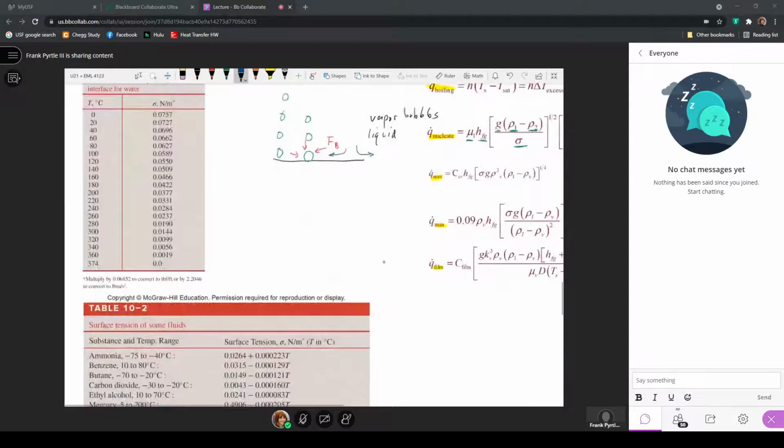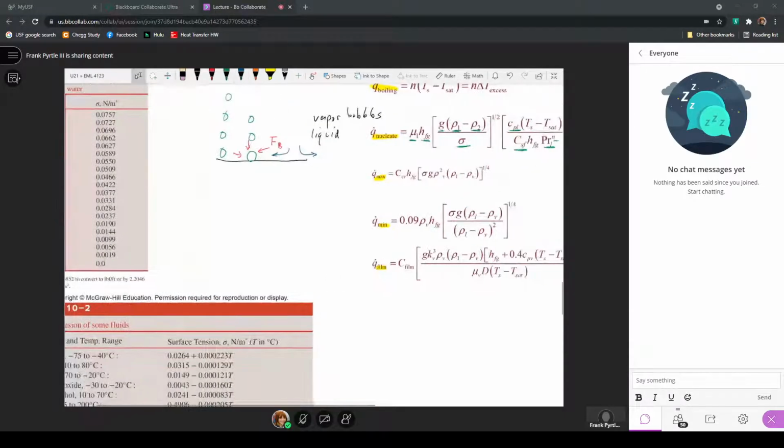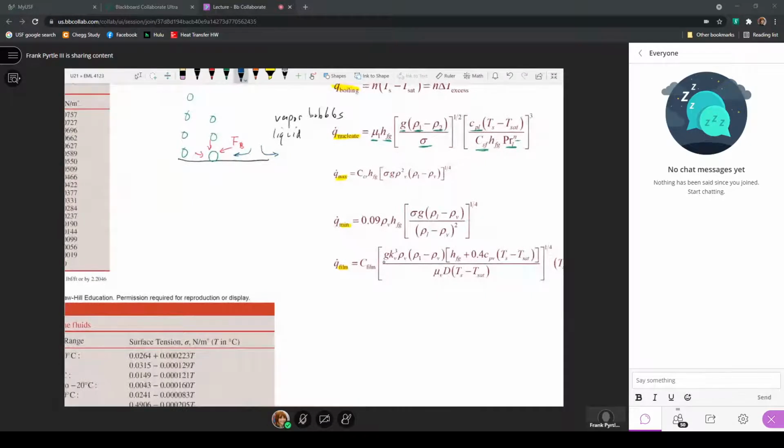Let's say if we were boiling ammonia, then we need all of the properties associated with the ammonia, including its latent heat of vaporization, its specific heat of the liquid phase, along with its surface tension, the density difference between the liquid and the vapor phases. We need all of those things in order to actually calculate that heat flux. But that's where we would get the quantities for the determination of the nucleate pool boiling.